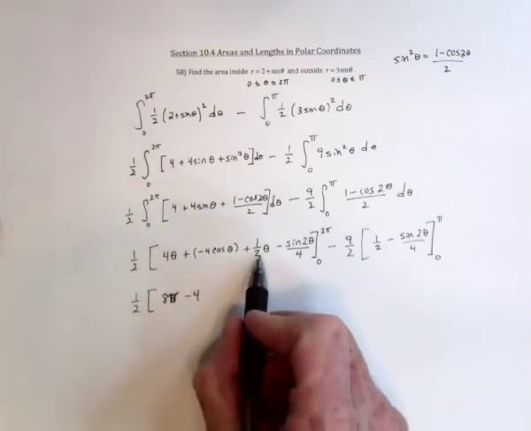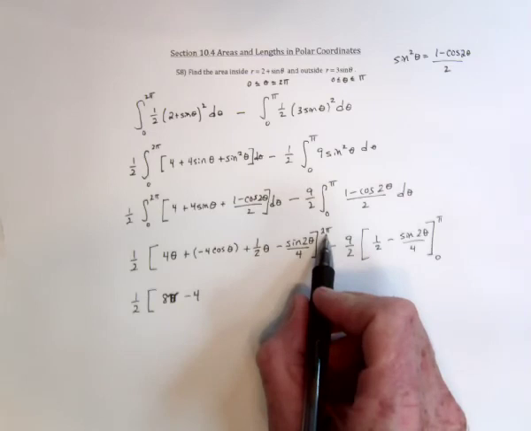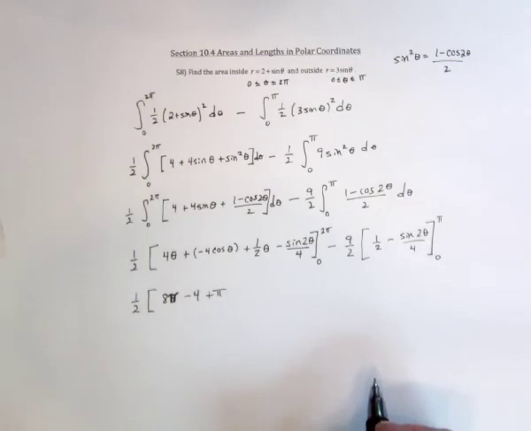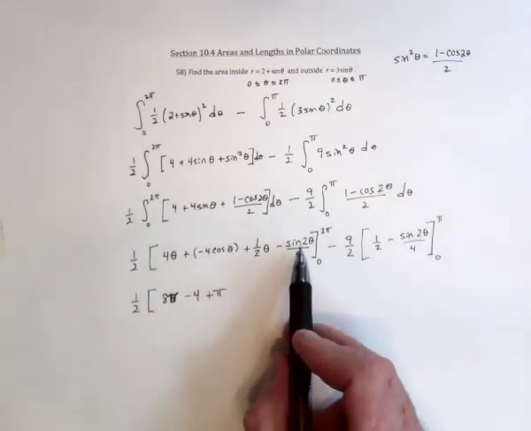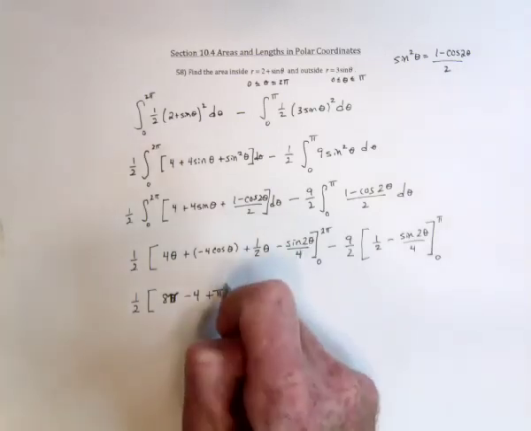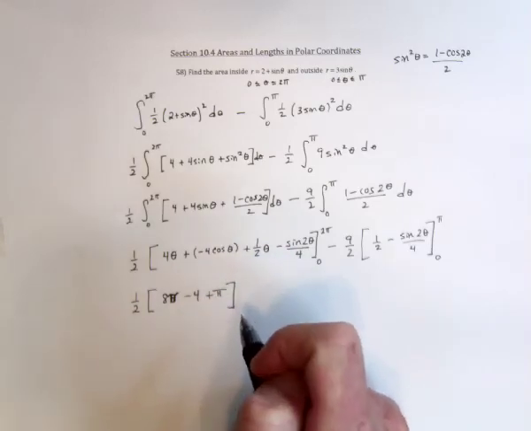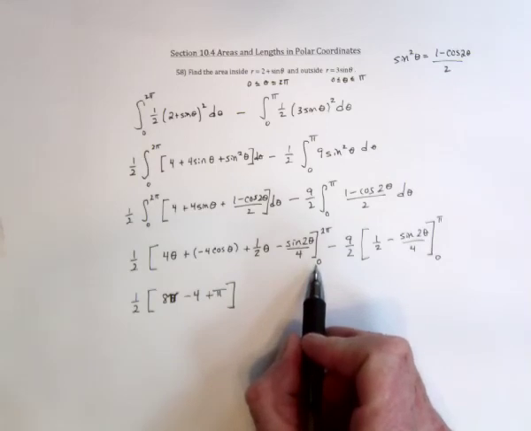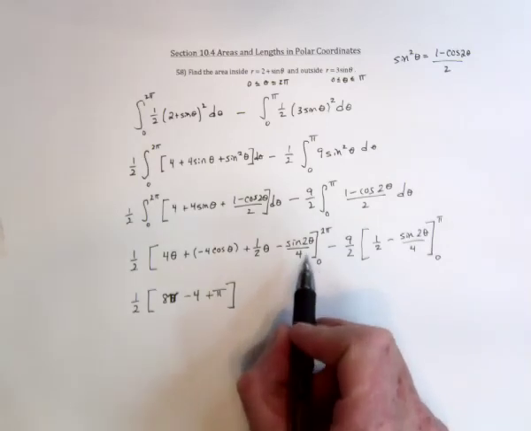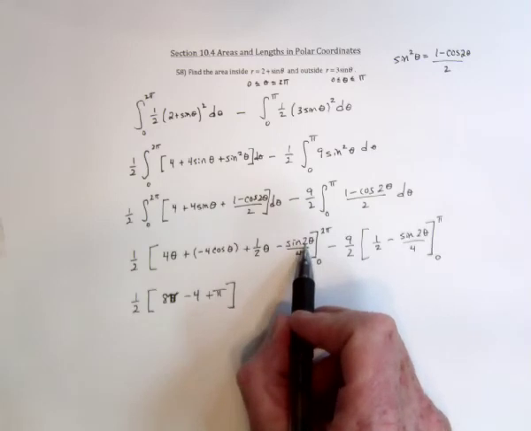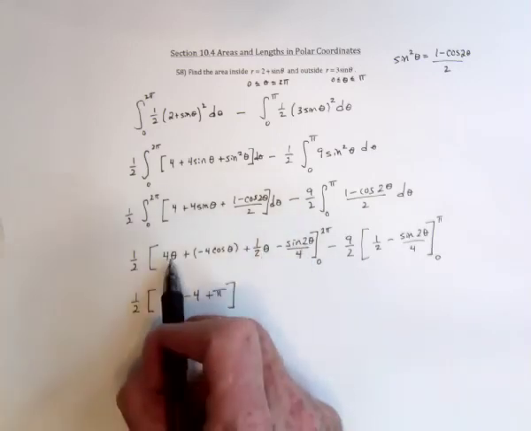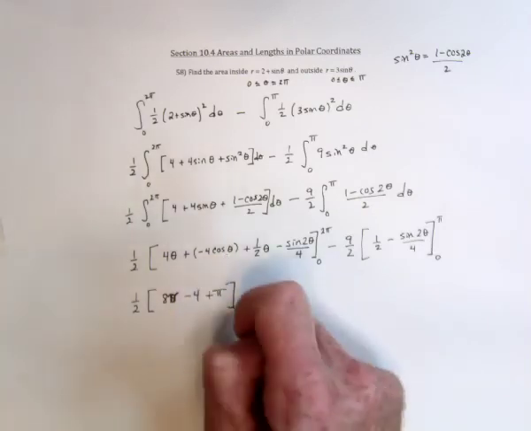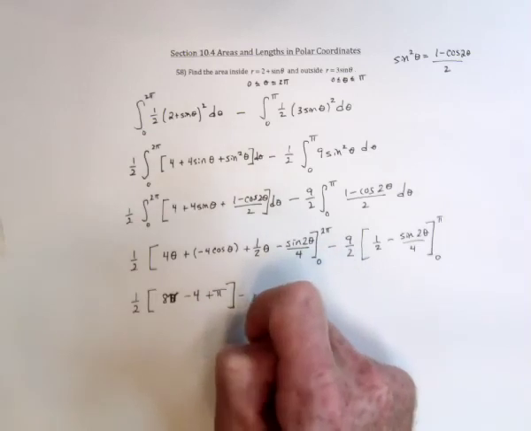So this is 1/2 of 2 pi. The 2's cancel and it just leaves pi. And then sine of 4 pi is equal to 0. Then I still need to substitute 0. I was thinking that all of these are going to be 0, because this would be sine of 0, this would be 0, and this would be 0, but cosine of 0 is 1, so there's actually minus a negative 4.